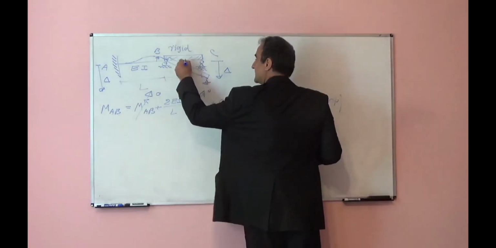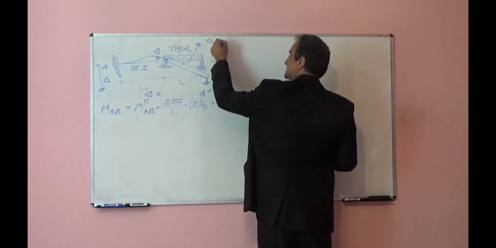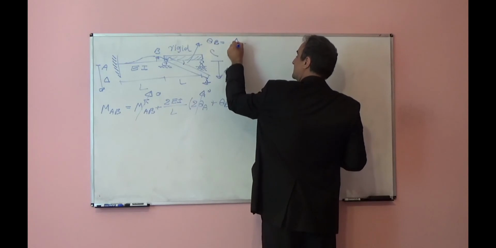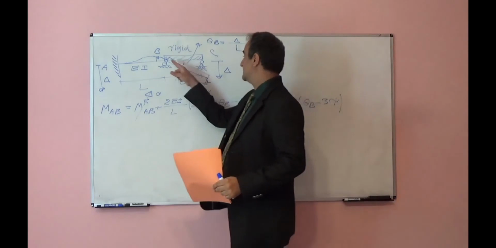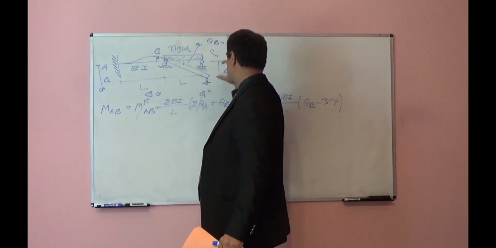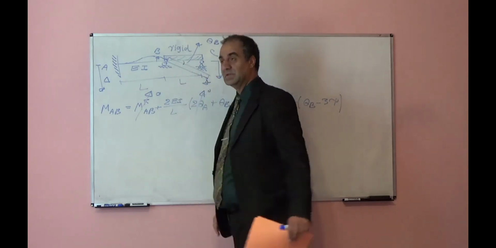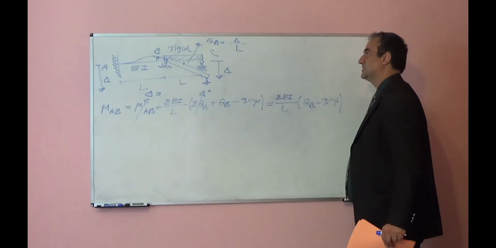We know theta B here is equal to delta divided by L, because this is a straight line, after deformation it remains a straight line. In this triangle, delta over L will be theta B, and it is clockwise, so it is negative.